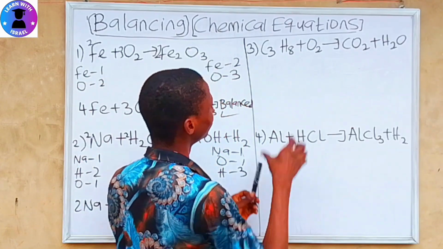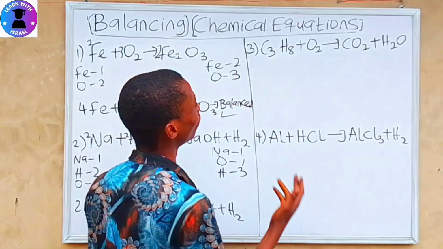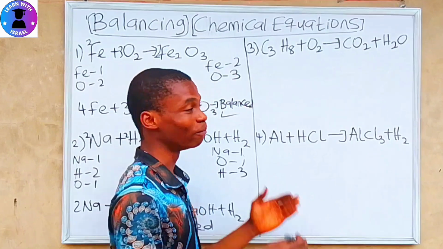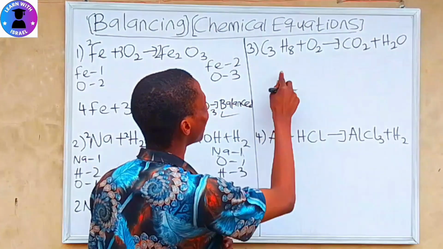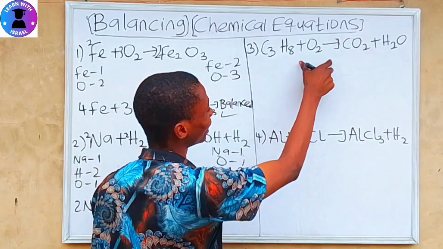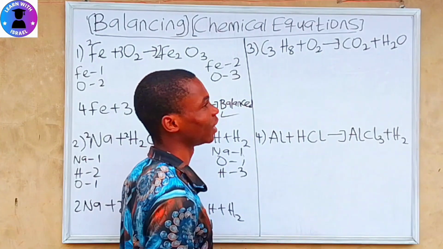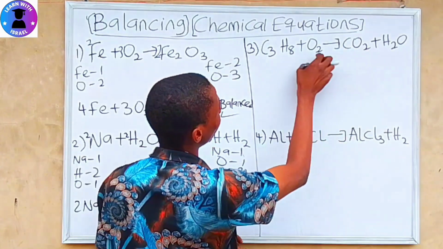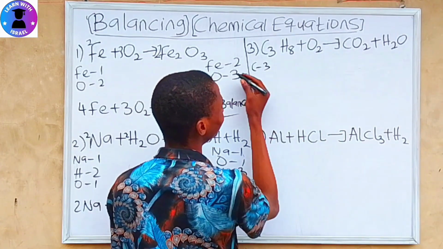As you can see, this is a bit complex compared to the one we've been doing earlier, but it is also simple. By using the steps I explained to you earlier, we've written out our unbalanced equation. So let's list out the number of atoms on both sides. For carbon here we have 3 on the left hand side.